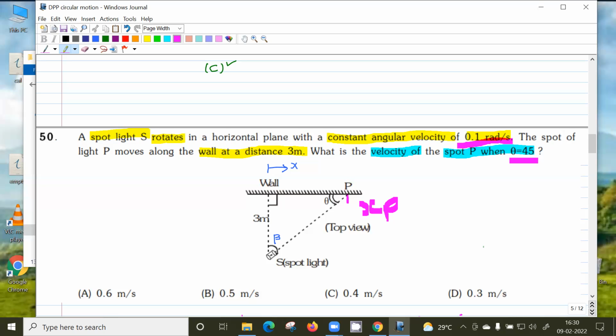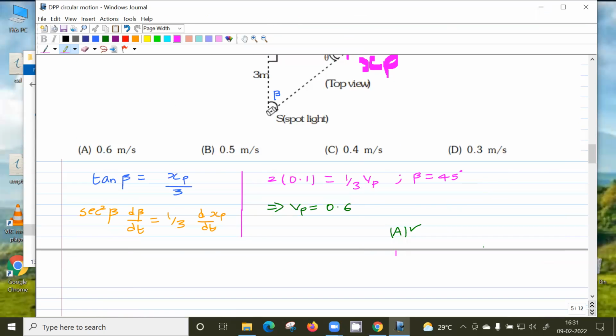Okay. Root 2, cos 45 is 1 by root 2, and sin 45 is also 1 by root 2. So secant should be root 2. Find 6, sir. Option A. Yes, sir.